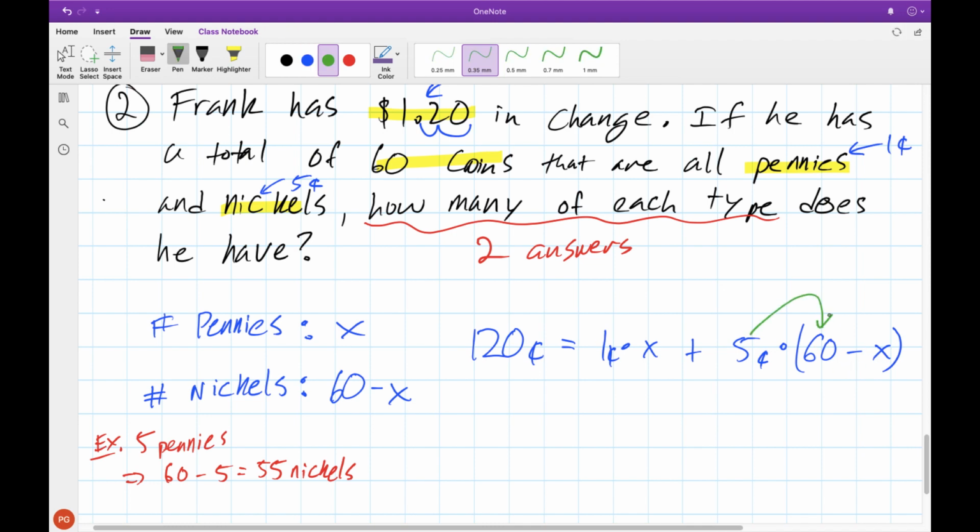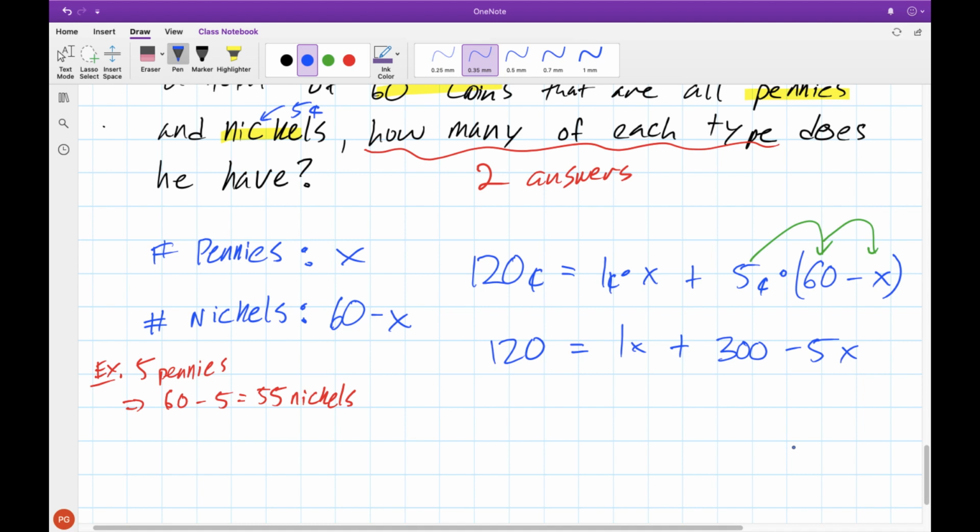Let's get rid of our brackets by distributing. Now, I really like turning everything into cents as opposed to dollars, which I showed in the first example, because as you can see, all of our decimals are already gone. And all we have to do is move all of the numbers to one side, all the x's to the other. We'll combine some like terms here and move the 300 to the other side by subtracting 300.